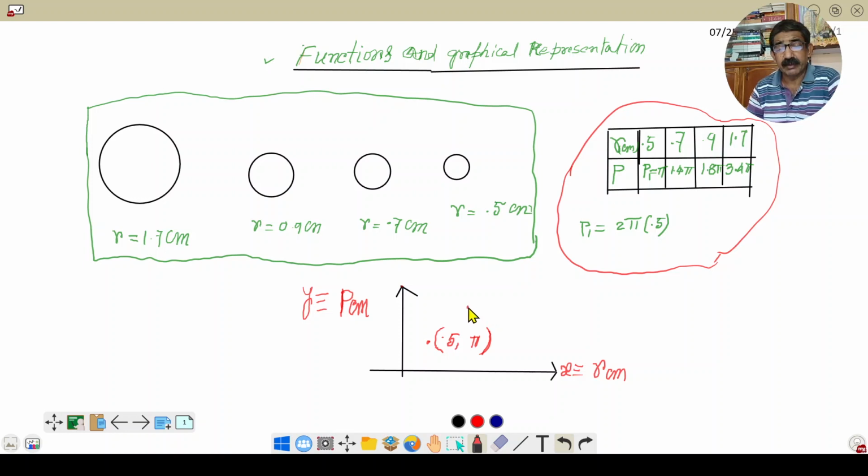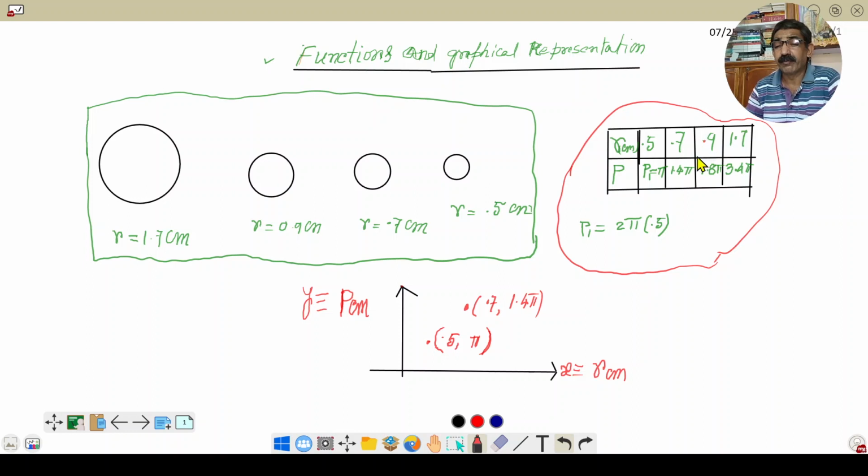So there will be another point here, approximately. This is the second point, and this point will be determined by these two coordinates, 0.7 and 1.4 pi. Okay. Similarly, there is another point, 0.9.